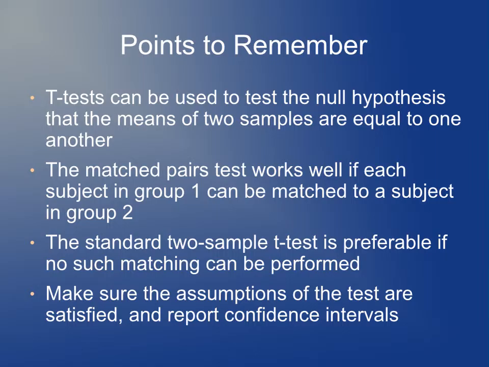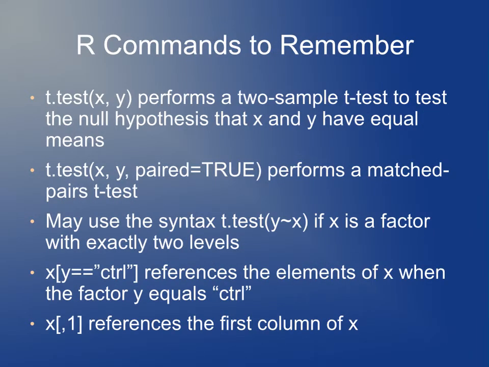You want to make sure that the assumptions of your test are satisfied: that your sample is representative of the population, that the observations are independent, and at least approximately normally distributed for small sample sizes. And you should also report confidence intervals for the differences between means.